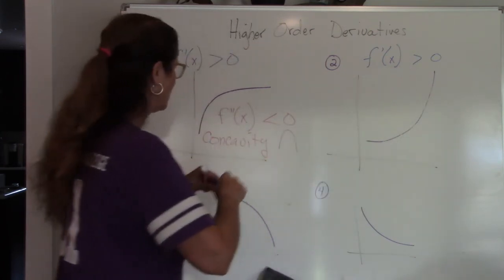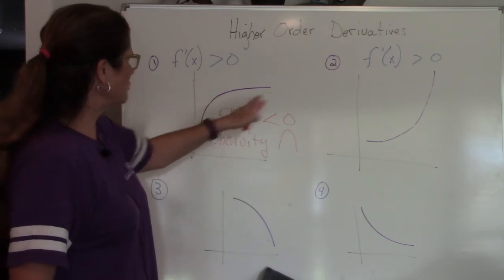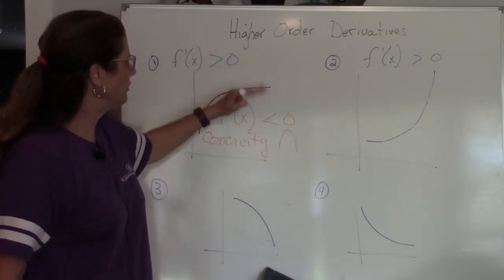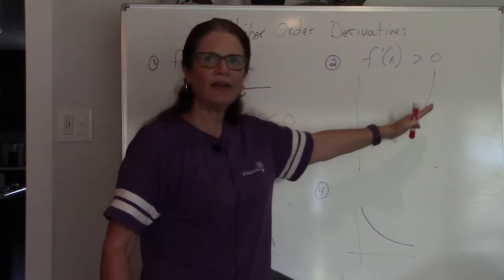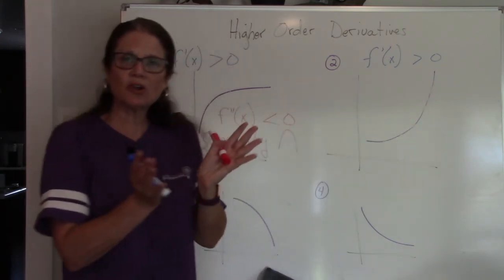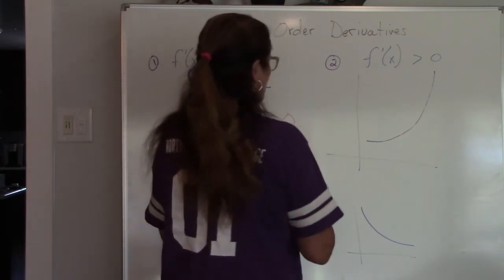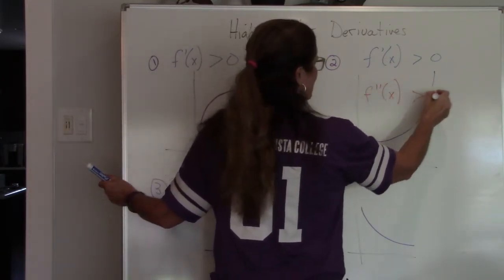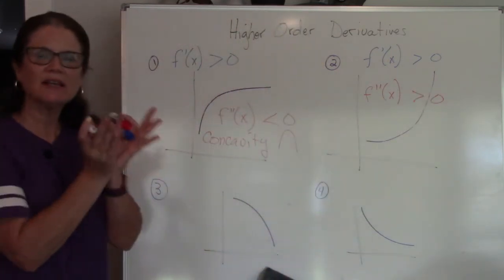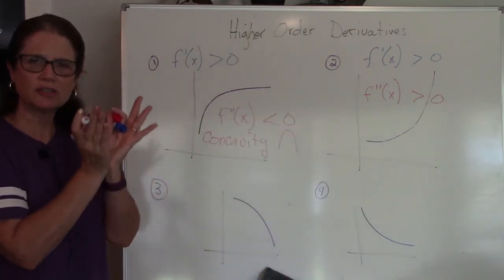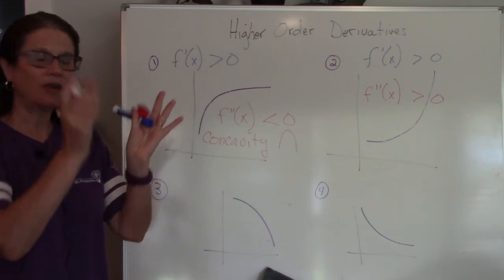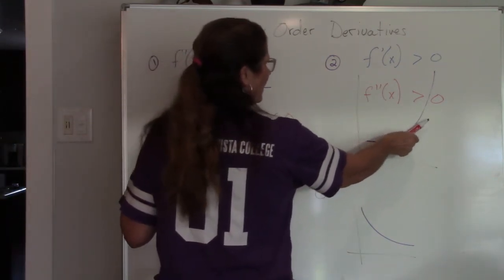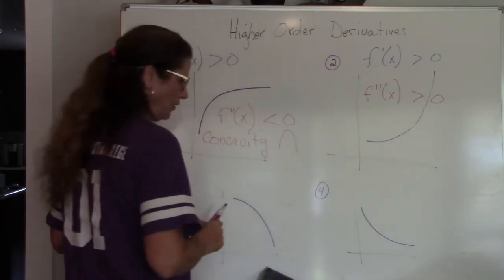But notice the difference between the first one and this one: in the first, the concavity is down, and in this one, the concavity goes up. That means it's opening up. So with this one, my second derivative is increasing, because the slope is speeding up. The derivative is speeding up, and so I have an increasing second derivative.